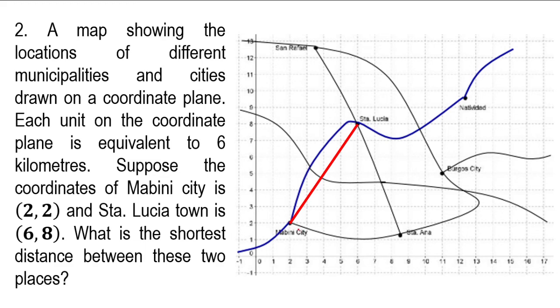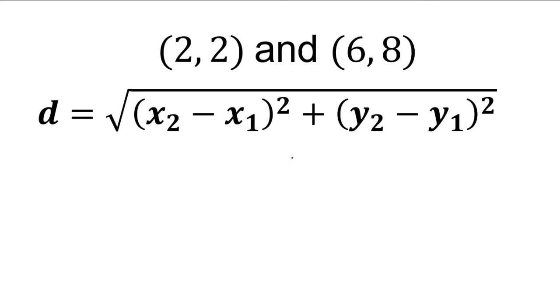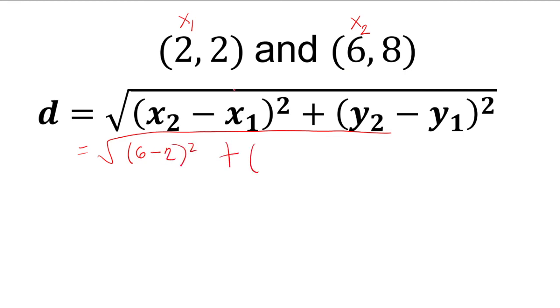Now next, Mabini City. The coordinates of Mabini City is located at 2 and 2. And the coordinates of Santa Lucia is 6 and 8. So using the distance formula, let's first identify which is which. So yung 2 dito will be our first x coordinate. And yung 6 naman will be your second x coordinate. So, 6 minus 2 quantity square plus ito ang ating first y coordinate, ang 8 naman ang ating second y coordinate.